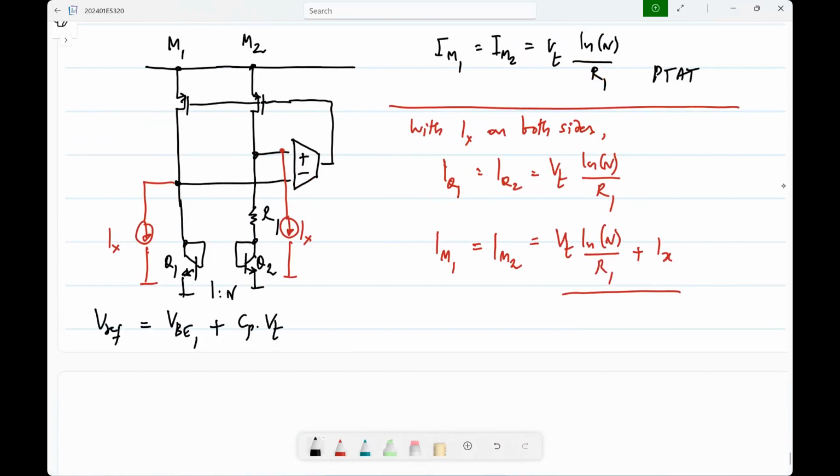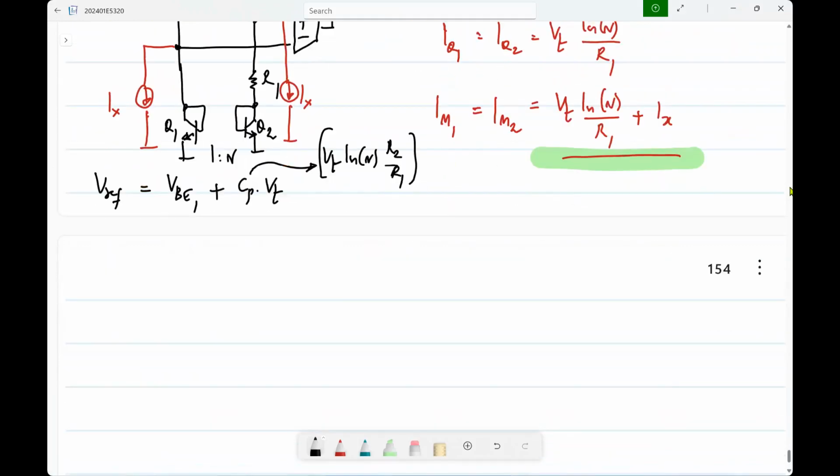Cp you can take to be a constant for your process, approximately 20, whatever it is. For this quantity to be constant with temperature, what should be Ix? Remember, this Cp is basically Vt log N R2 by R1, right?